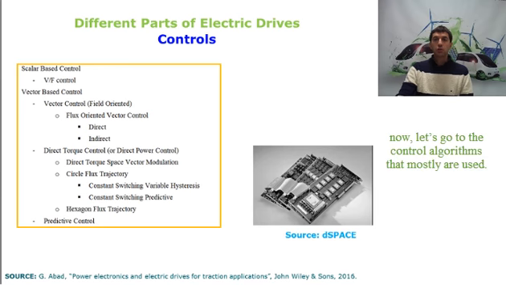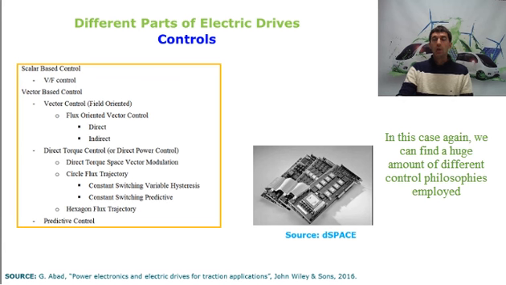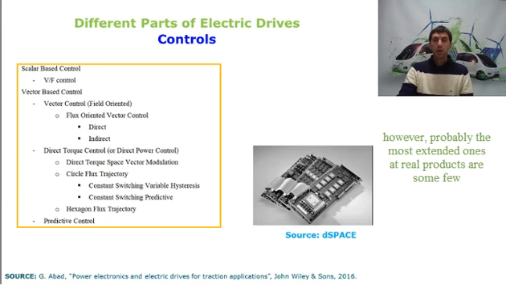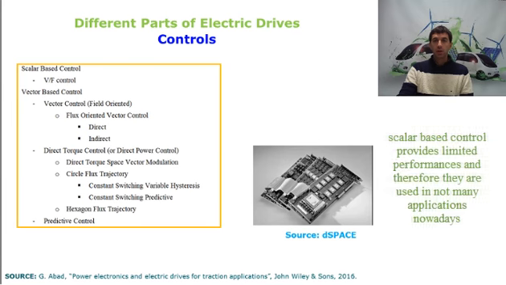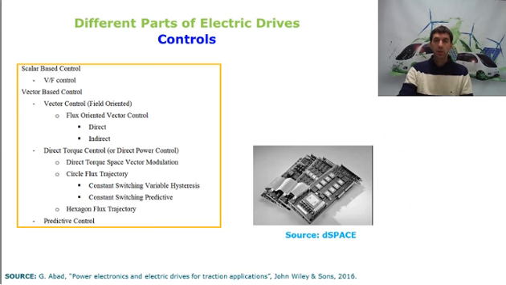Now let's go to the control algorithms that mostly are used. In this case again, we can find a huge amount of different control philosophies employed. However, probably the most extended ones in real products are some few. Scalar-based control provides limited performance, and therefore it is not used in many applications nowadays.